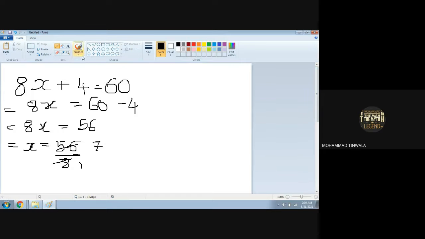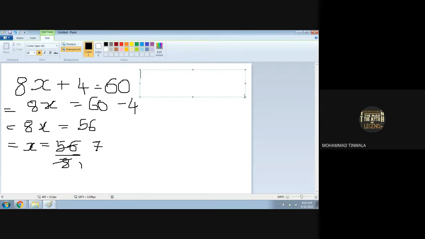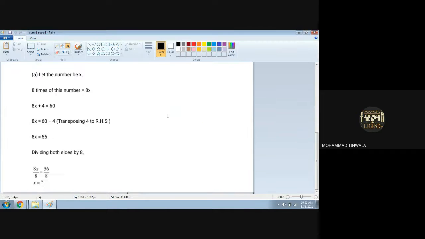Which method we used? Girls? Transposing method. Yes. Have you cleared with this how to set up an equation and how to solve this? Yes, sir. Chalo, second.